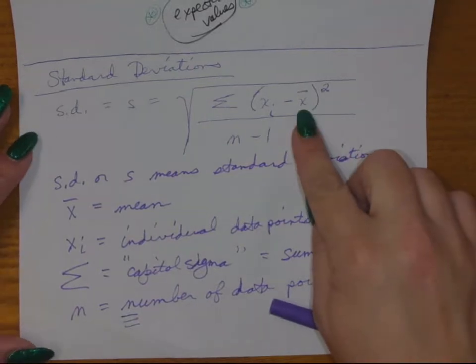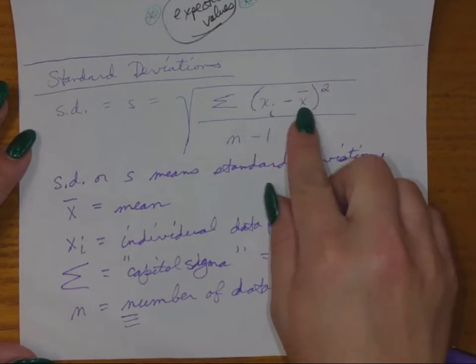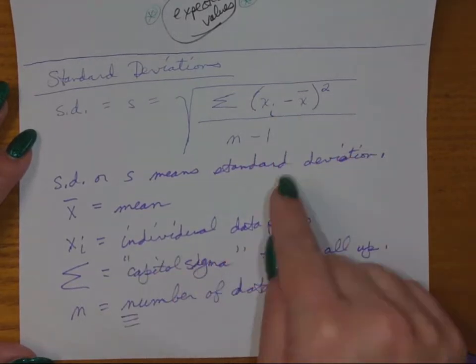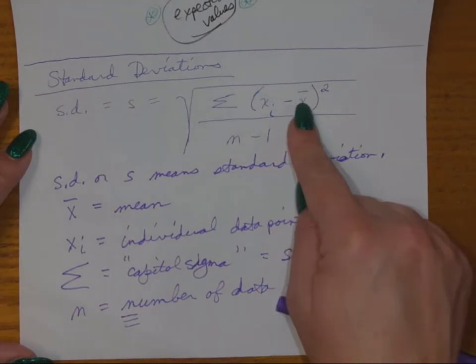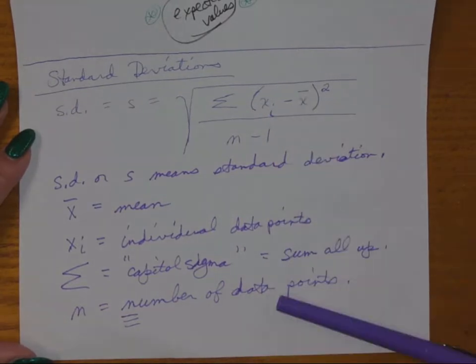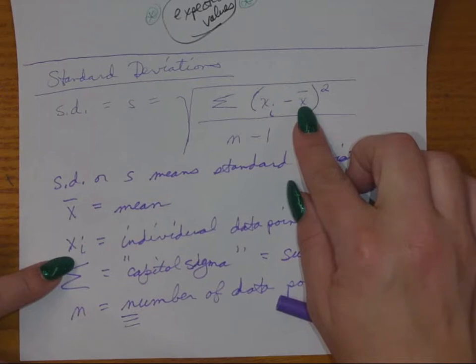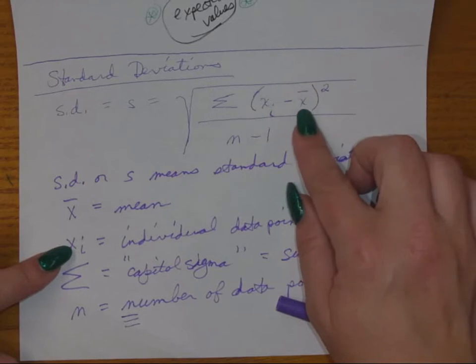So find your mean. x sub i minus the mean means take each of your individual data points and subtract off the average, the mean. So what the heck is going on there? What they're trying to do is, if your mean, for instance, was 50 and your data point, my test score, was 55, how far is the data point away from my average?